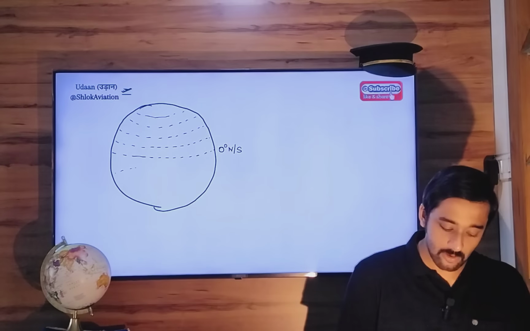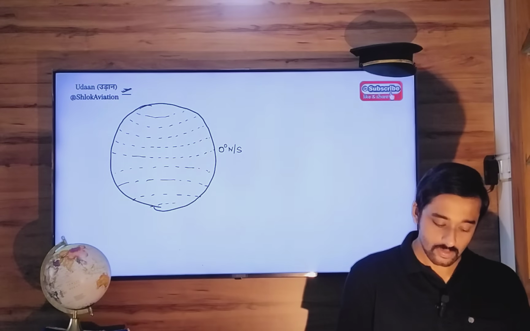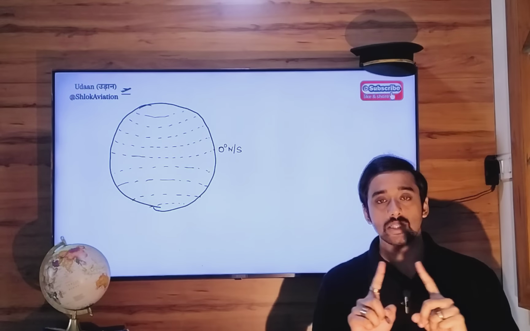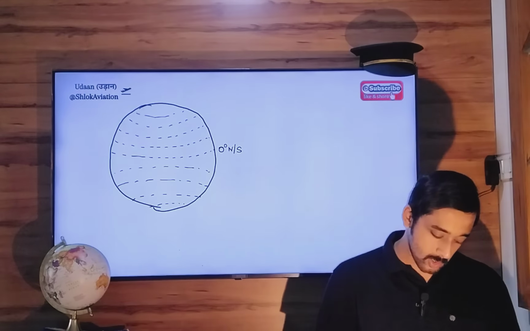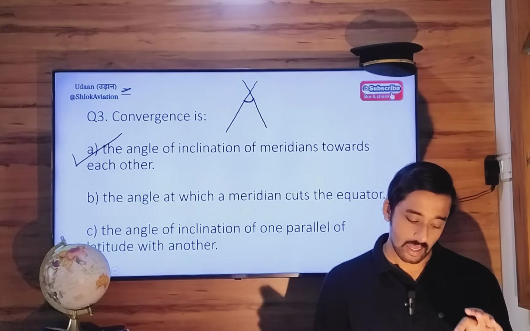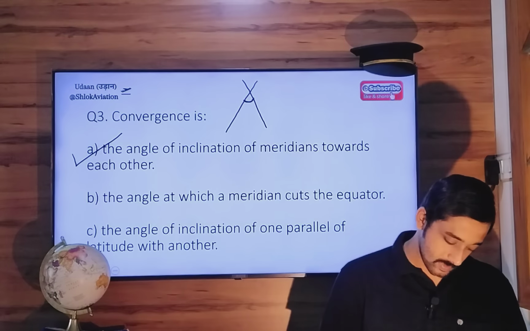Similarly, you will have many other latitudes in the southern hemisphere like this. All these latitudes are parallel to one another. They do not intersect each other. So option C can be eliminated. Angle of inclination of one latitude with another is wrong.